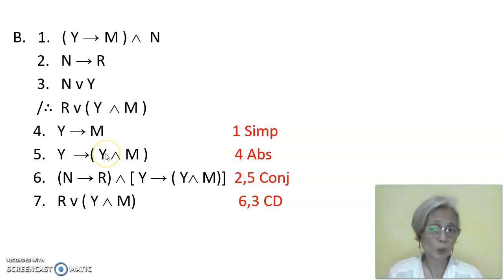By applying absorption to number 4, we will have statement number 5. Applying conjunction to premises 2 and 5, we will have statement number 6. And by applying constructive dilemma, we will have the desired conclusion.